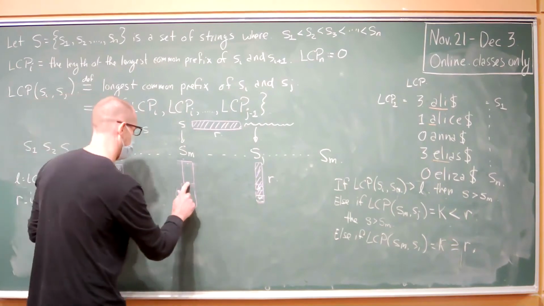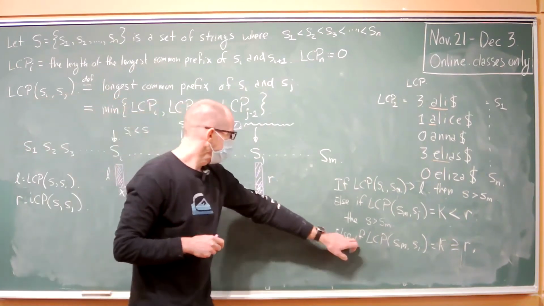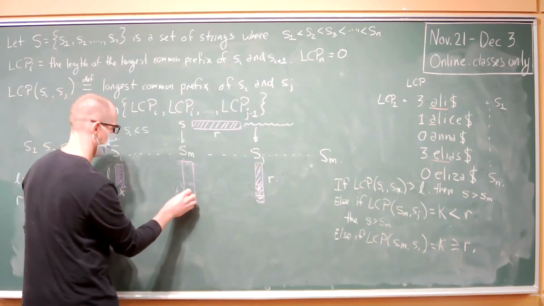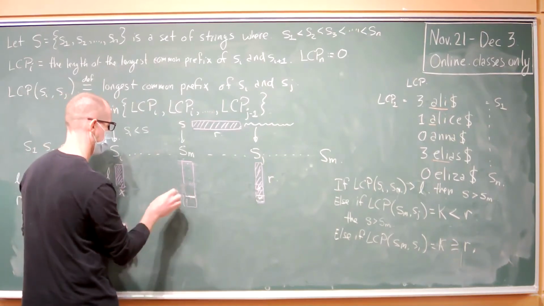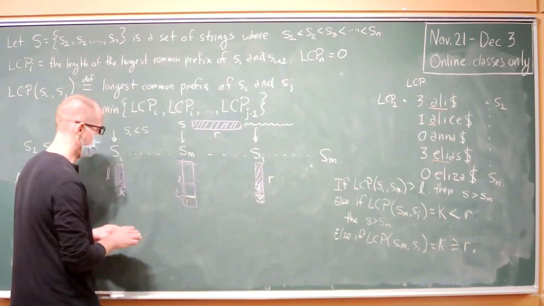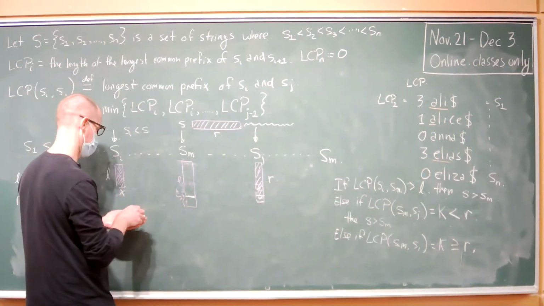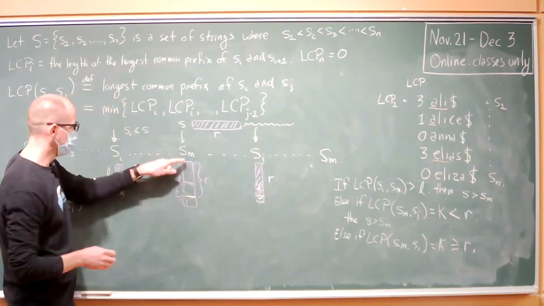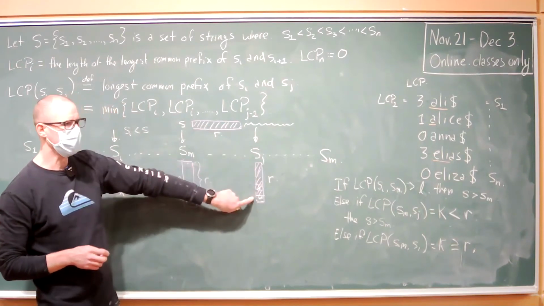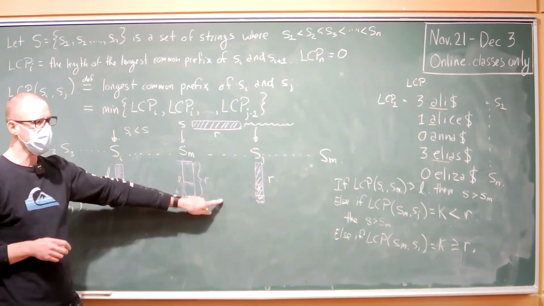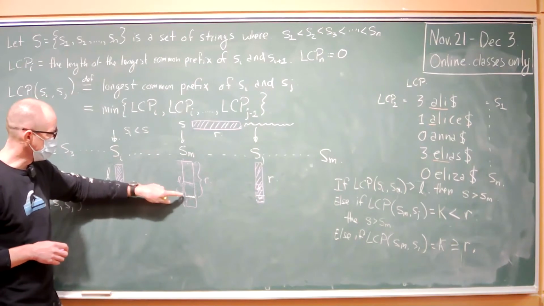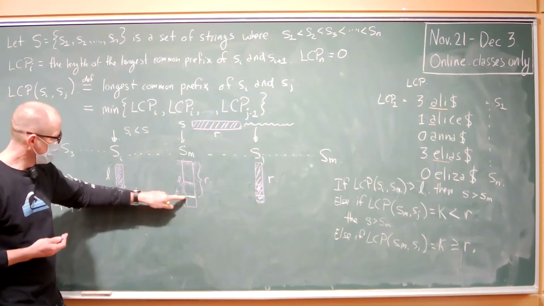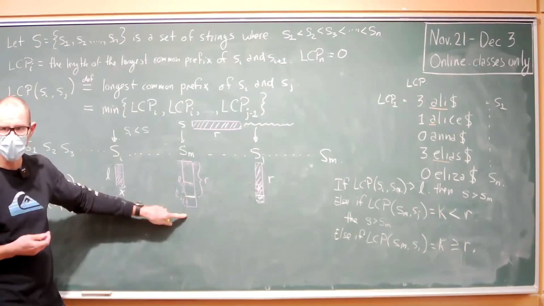Even better than that. If this is the case, then I don't need to do that comparison starting all the way back from L. Why not? Because L is back here. I know that the first R characters here agree with the first R characters here. That means they all agree with S. So I can start at position R, because everything else agrees with S, and start counting off characters until I find a difference.